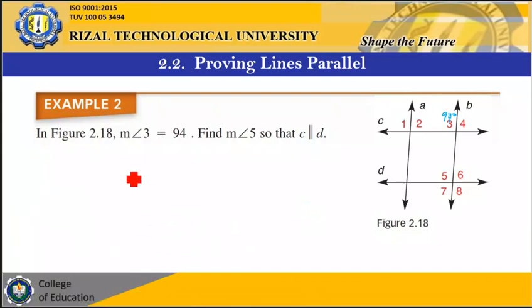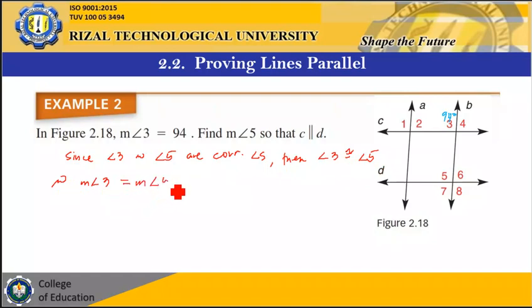So we can say that since angle 3 and angle 5 are corresponding angles, then angle 3 is congruent to angle 5, and the measure of angle 3 is equal to the measure of angle 5 by the definition of congruent angles.